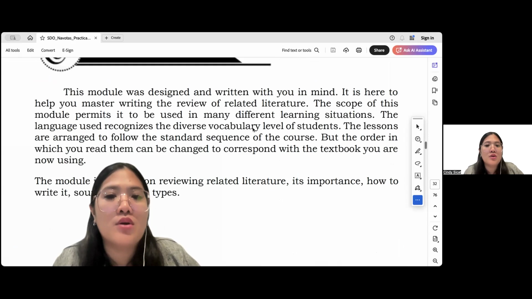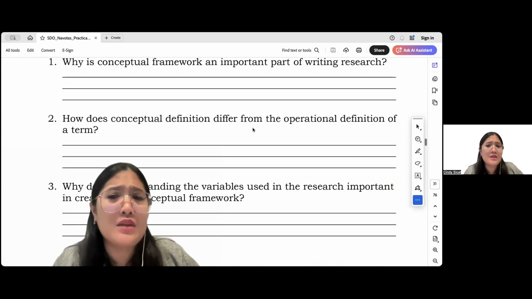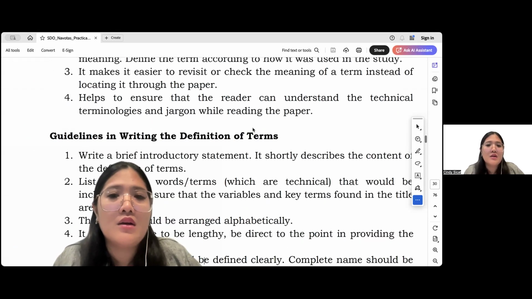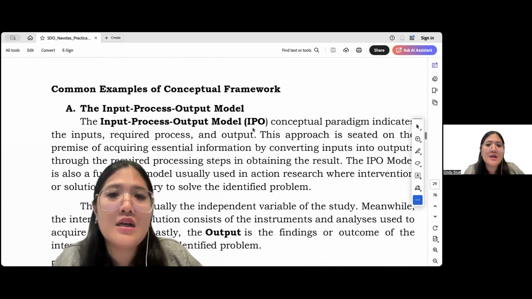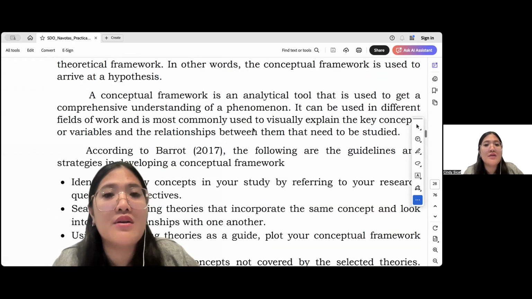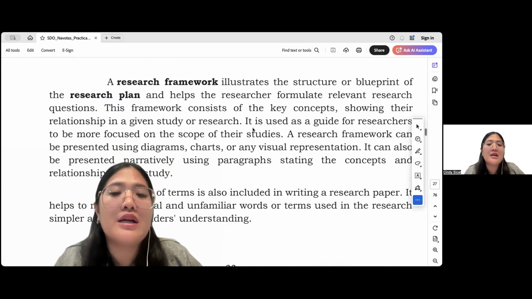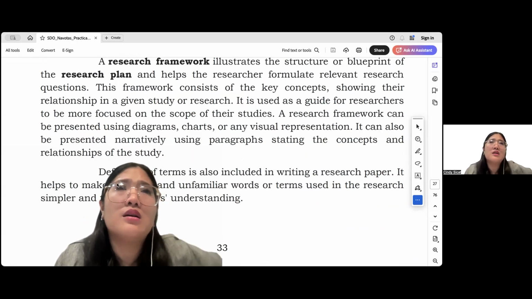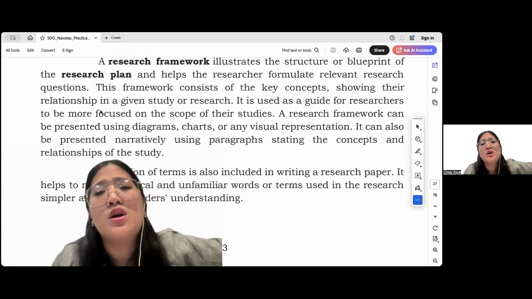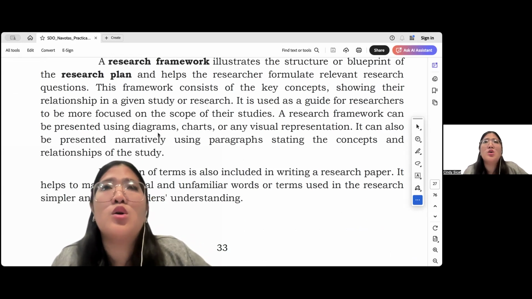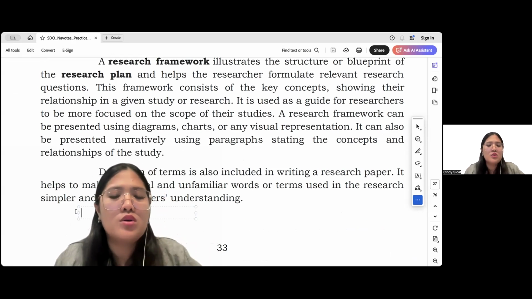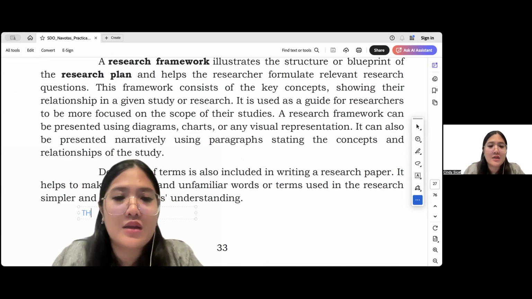So to add more, before we get to the review of related literature in another video, I would add here the conceptual framework, the research framework, the theoretical framework. Okay, so there are some writers who would opt to stick with the conceptual framework, but there are also those who could integrate the theoretical framework.